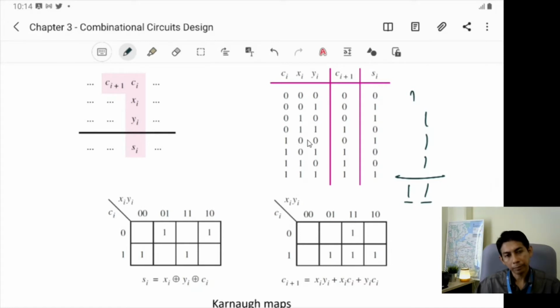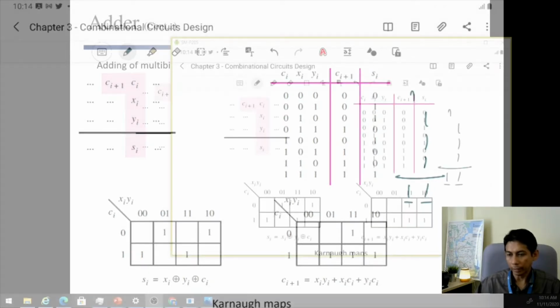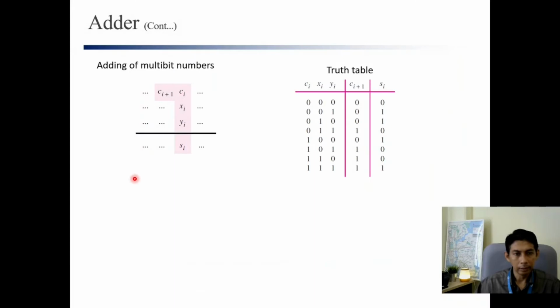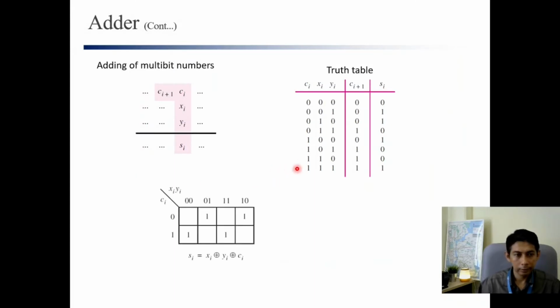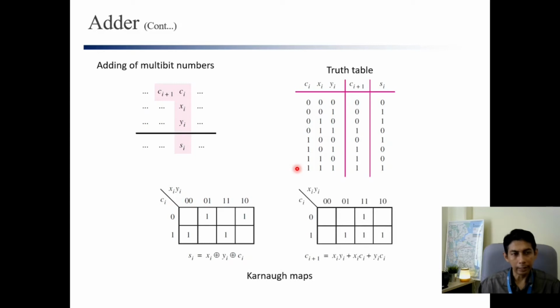So again, when we have this truth table, we can have the Boolean equation and the circuit later on. This is how we get the Boolean equation.